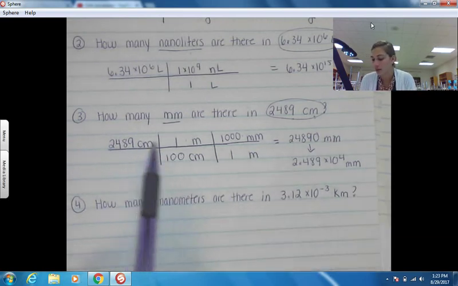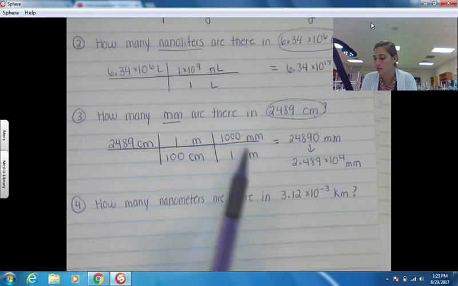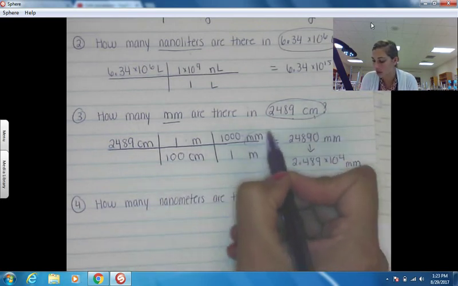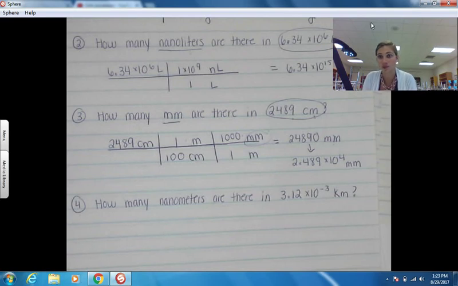Notice how centimeters crosses out with centimeters, meters crosses out with meters, so I'm ending in that last unit, which is what the question asked me for.